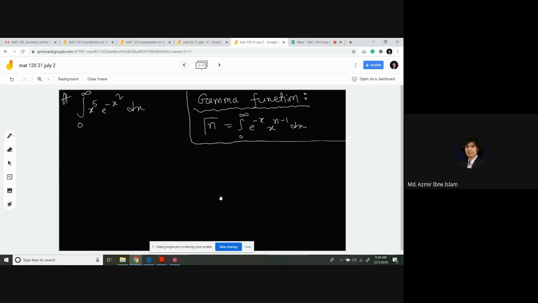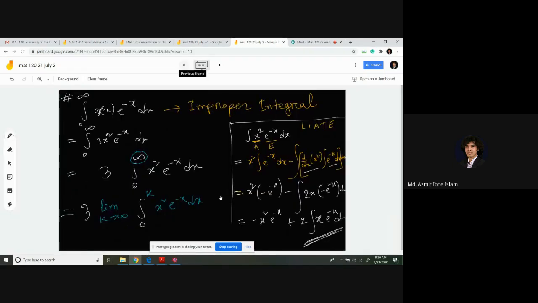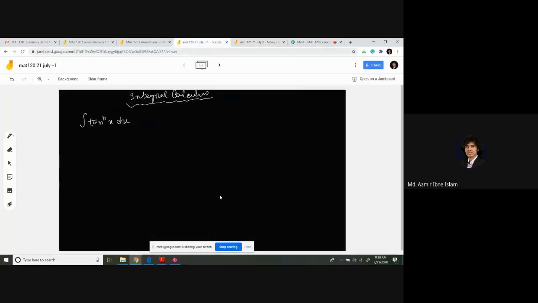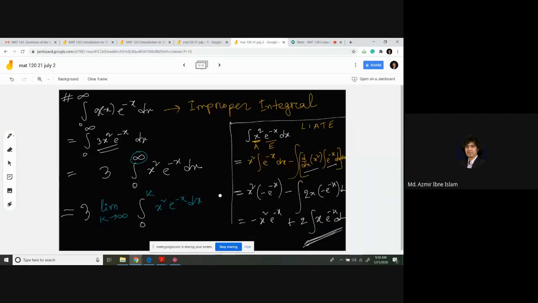The question Jubair raised is an improper integral. To solve it, at first we use integration by parts, then we use limits, and then we find the answer. So the process is very lengthy. Is that okay? Yes, sir.